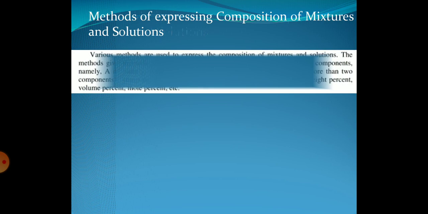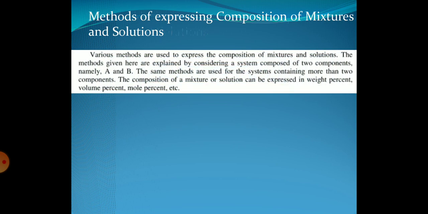Okay, now what are the various methods of expressing the composition of mixtures and solutions? That may be solid mixtures, gaseous mixtures, liquid mixtures, or solutions. So various methods are used to express the composition of mixtures and solutions.